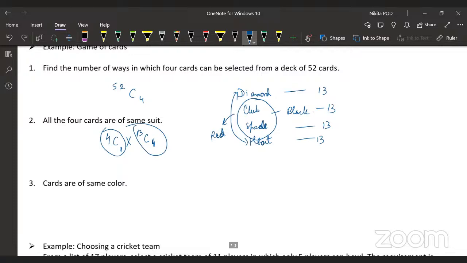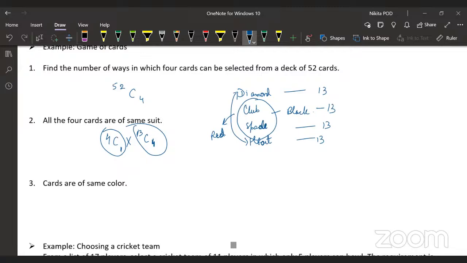You have to select 4 cards, and all these 4 cards have to come from the same suit.